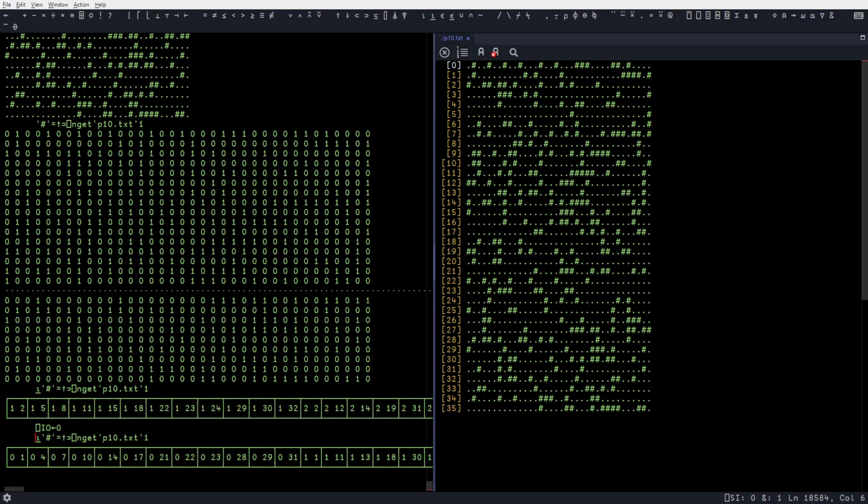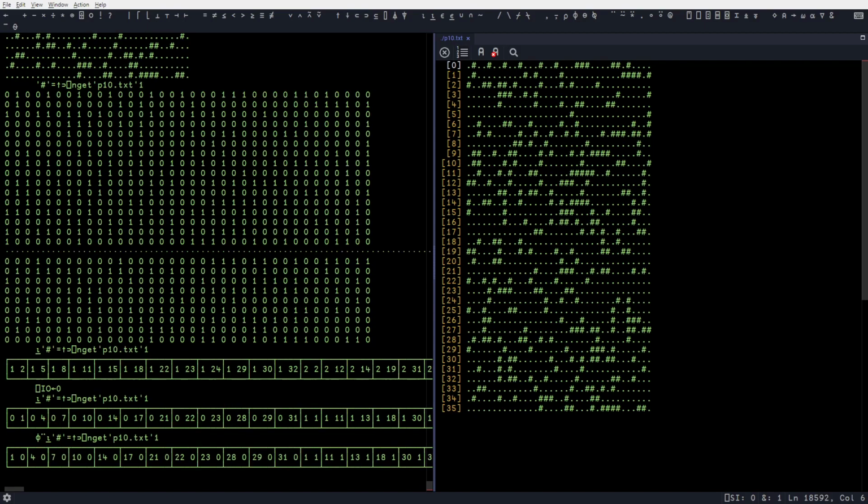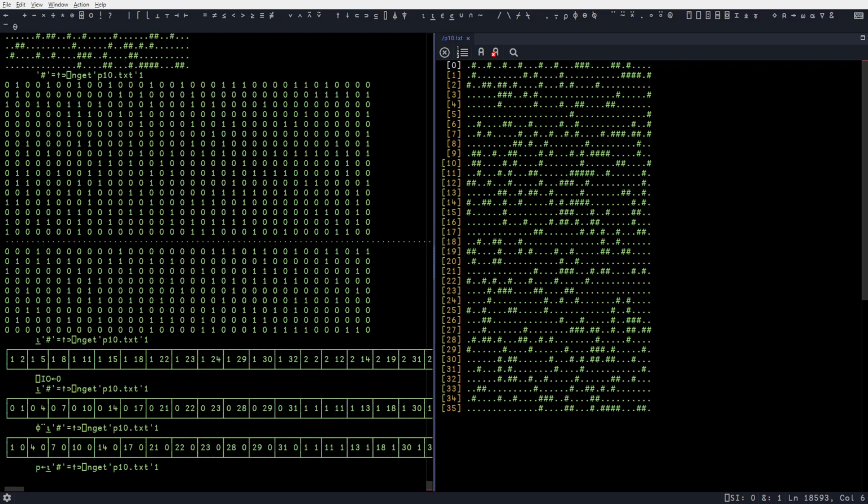If we wanted to, we could do something like each reverse, and that would give us the coordinates that the problem's calling for. I'm not going to fix this right now for reasons that will become apparent later. But just keep in the back of your mind that our coordinates are backwards for right now. So we'll assign this to P, and P are the coordinates of our asteroids in the input.